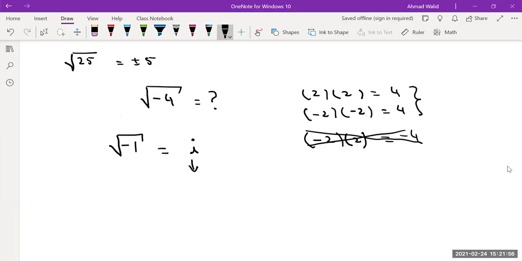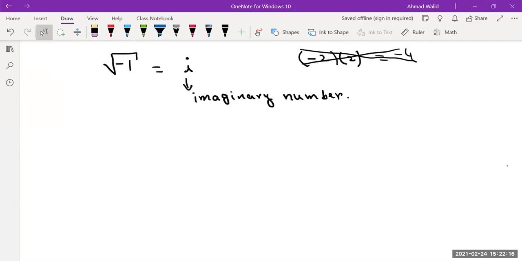They call i an imaginary number. Imaginary means this number is not on the number line. You cannot find i on the number line, correct? There is no i on the number line, but we can at least take the square root of negative numbers. That's why they use the symbol i, which means imaginary number.